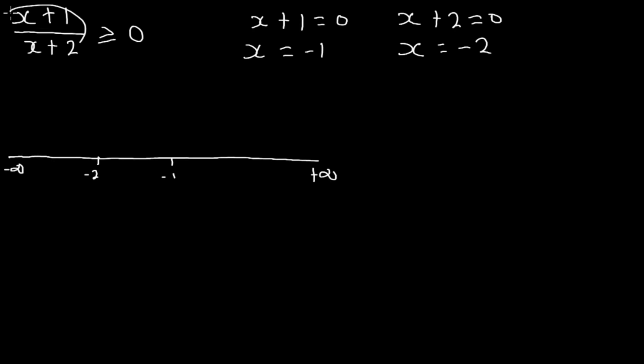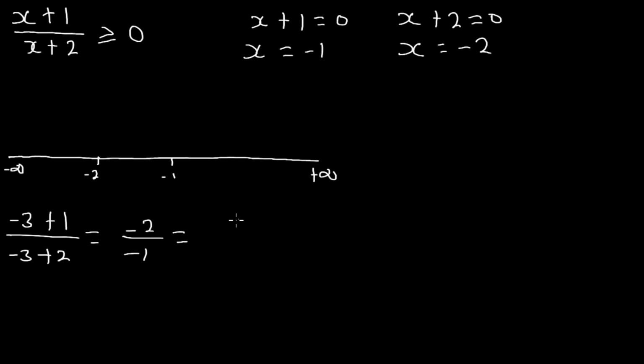Plugging in minus 3 as x, we have minus 3 plus 1 divided by minus 3 plus 2. That's minus 2 divided by minus 1, which gives 2. Since 2 is greater than 0, this section is part of the solution that satisfies the inequality.